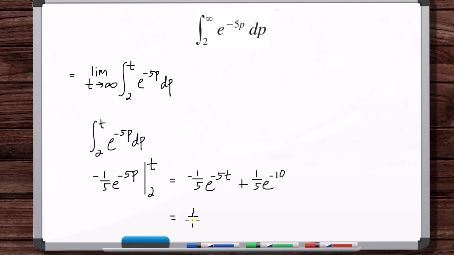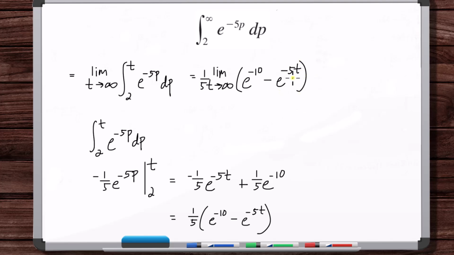So okay, this is the limit as t approaches infinity, take out the 1/5 of e to the minus 10 minus e.